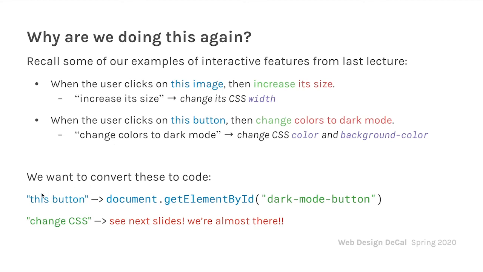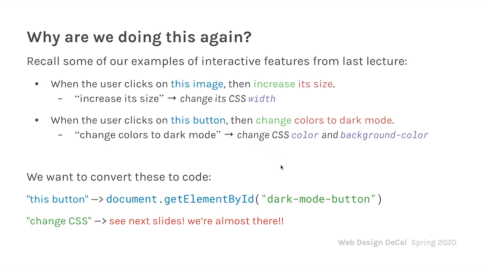So when we say this button, then we will have the actual button tag in our HTML, and we'll give that an ID, and maybe we'll give that ID dark mode button. So then in our JavaScript code, as part of implementing this feature, we would say document.getElementById dark mode button. That way, in our JavaScript code, we would be able to specify which HTML element we are talking about when we say we want to change the color, we want to change the size.